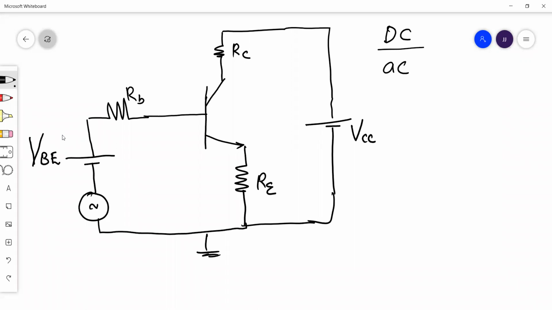This voltage is AC, and AC is a small letter. I think this point is clear to you. These two representations: this is DC, capital VBE, and this is AC, hence small letter vbe.